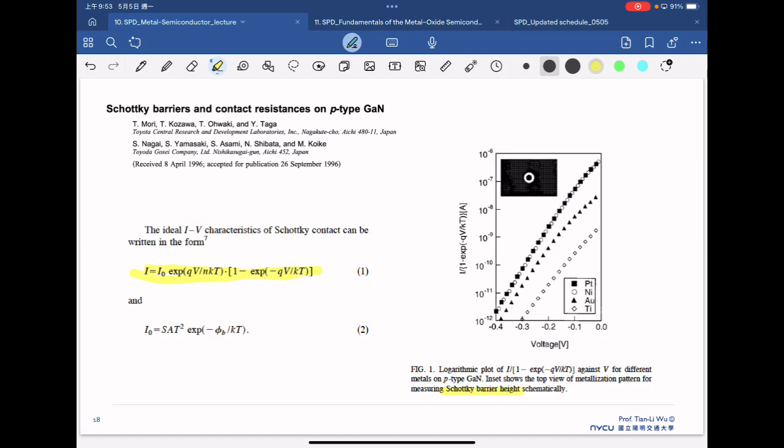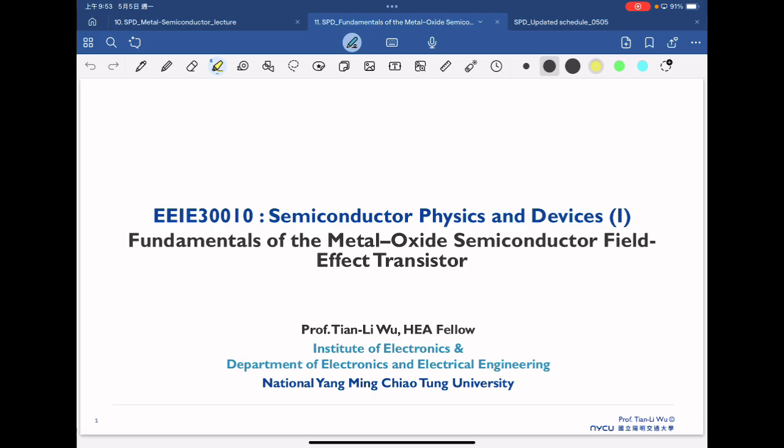Okay, so that's all. We finished the metal semiconductor part. Then we'll move on to the next one, where we will start to talk about the fundamentals of the MOSFET, the metal oxide semiconductor field effect transistor. Finally, we move to the case that we are most interested in.